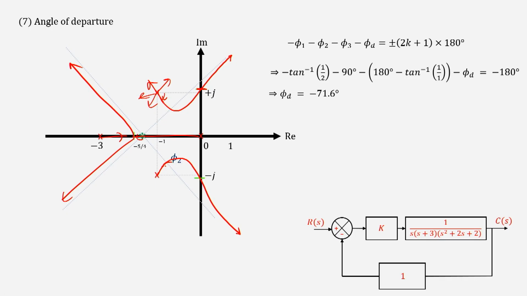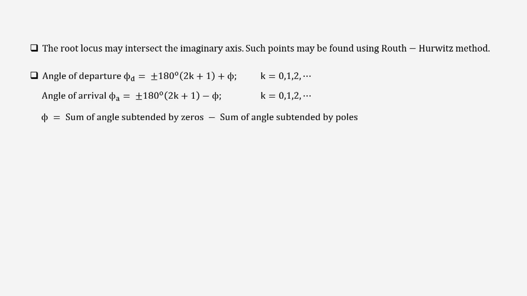Once you know that direction, it is easier to know in which direction the root locus is going out to infinity. So, I have added these two additional rules now. For this one, I will use something called the Routh-Hurwitz method to find it out. I have not yet told you about that. And these are the angles of departure.